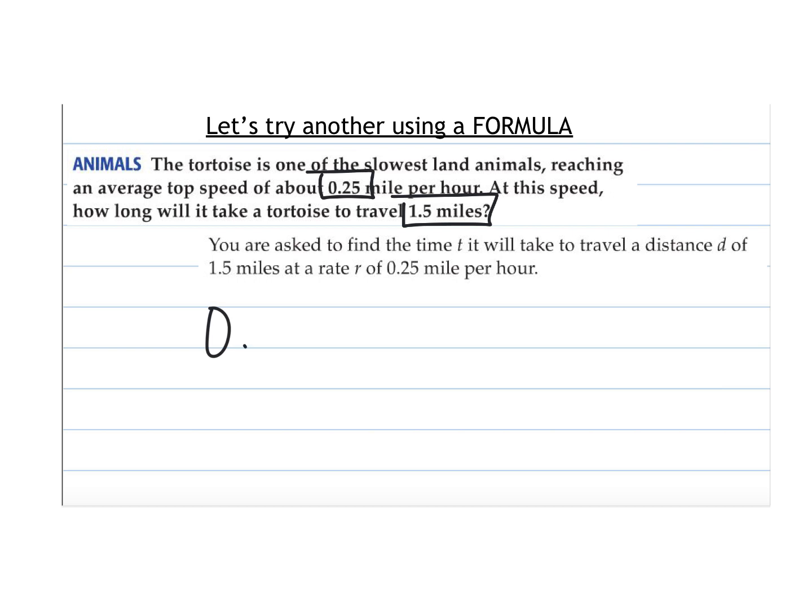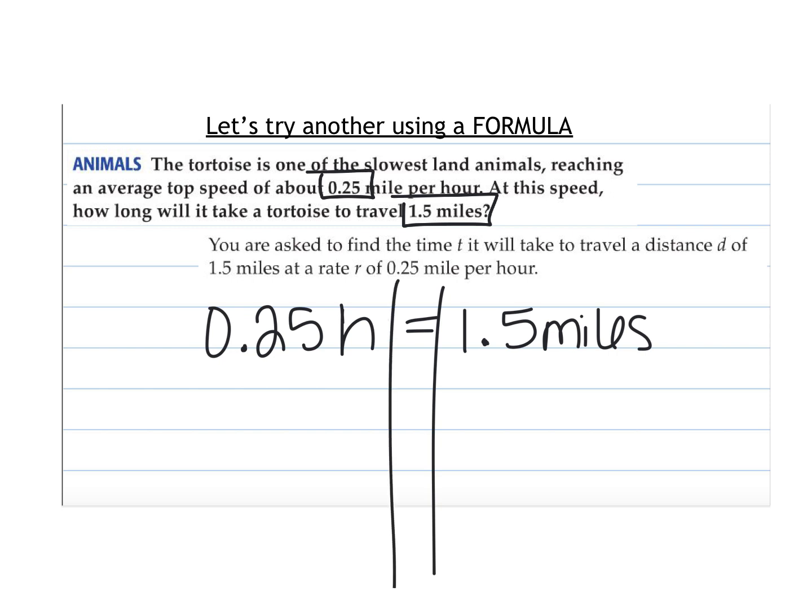So we're going to take 0.25 miles per hour, and we want to know how many hours it will take for the tortoise to go 1.5 miles. So h is being multiplied by 0.25, because for every hour it goes 0.25 miles, and we're figuring out how many hours for 1.5.